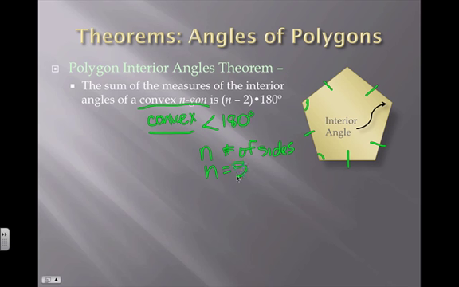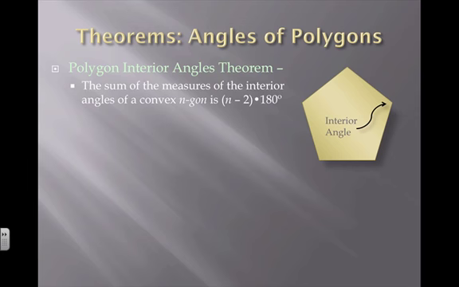And if we were to plug this into our equation to figure out the sum of the interior angles, we would plug in 5 for n, so we would get 5 minus 2 times 180 degrees. When we multiply all of that out, we find that every 5-sided polygon would have a sum of 540 degrees for its interior angles.